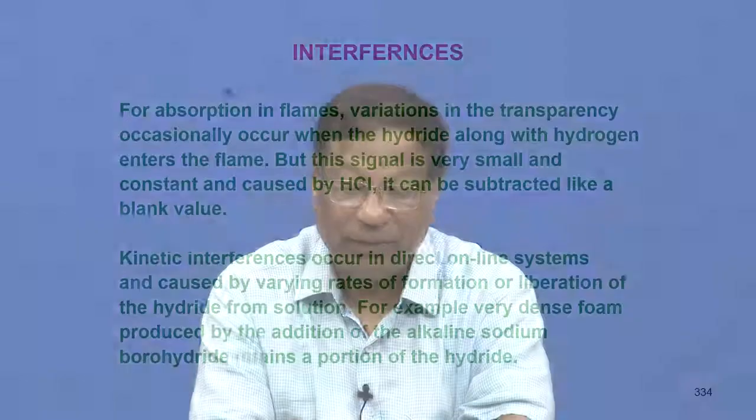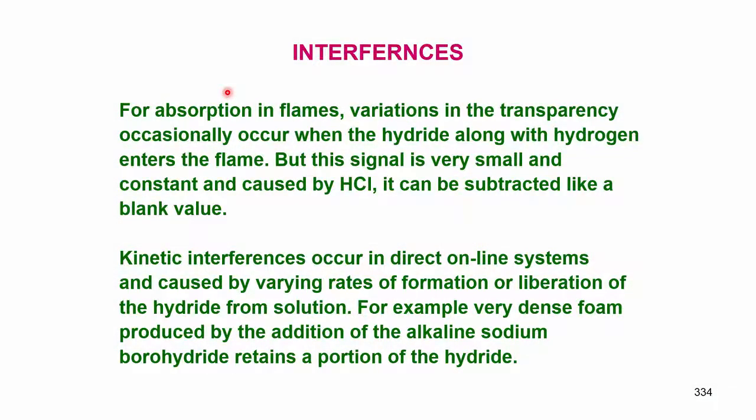Now, we are going to discuss the interferences in flame with the hydride generation system. For absorption in flames, variations in the transparency occasionally occur, because basically we are measuring only the transmittance or absorbance. So, when hydride along with hydrogen enters the flame, sometimes variations occur.